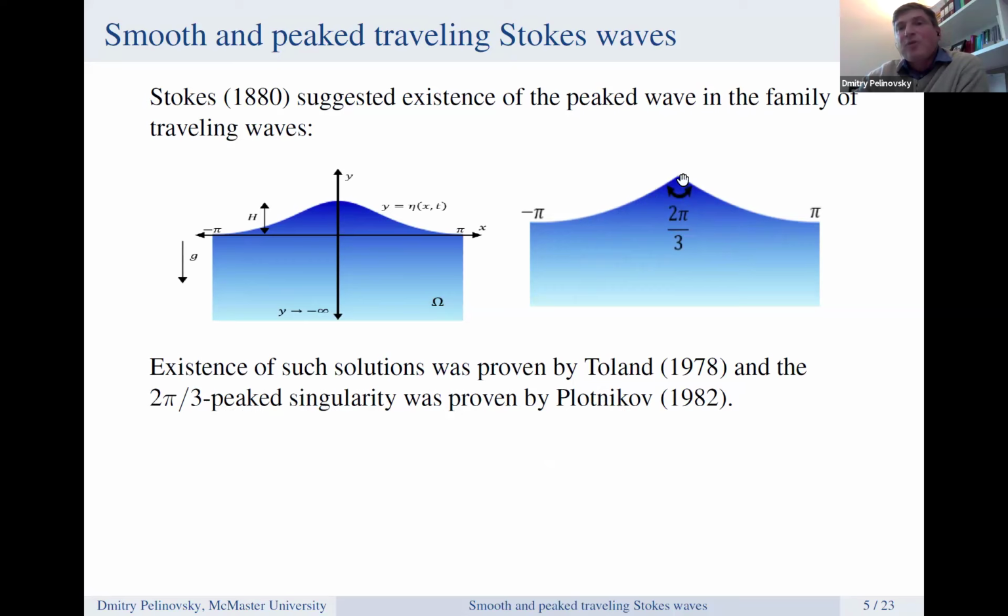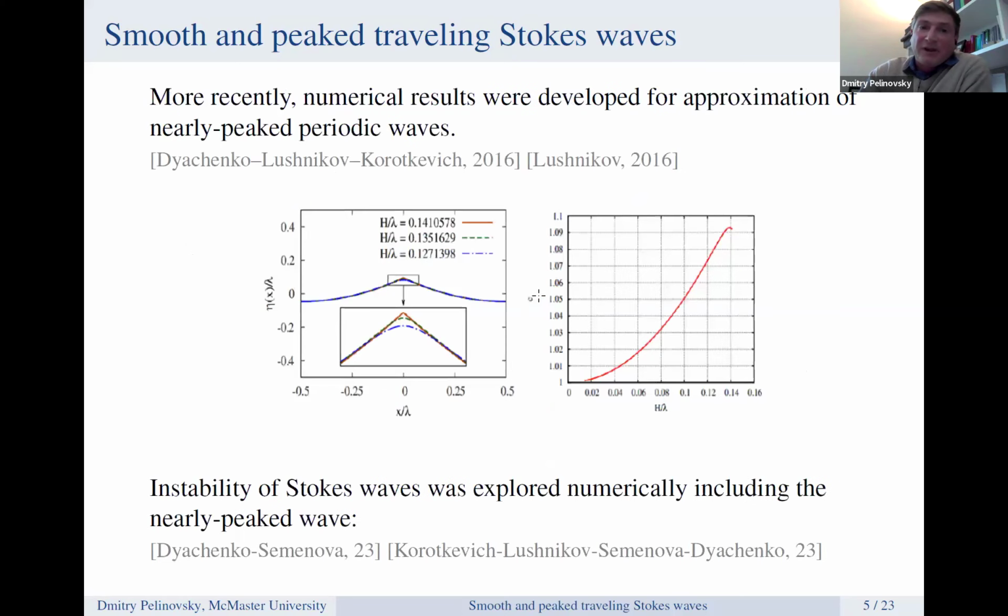But if we want to approximate or to understand stability problems related to such peaked profiles, then we would be running into troubles, and even approximation of such solutions would be troublesome.